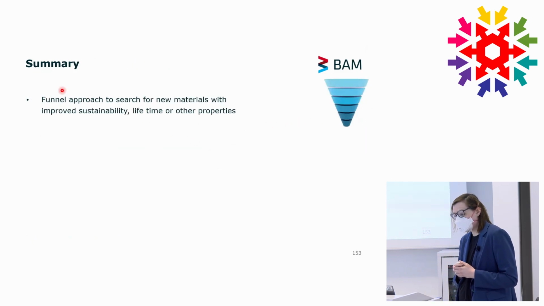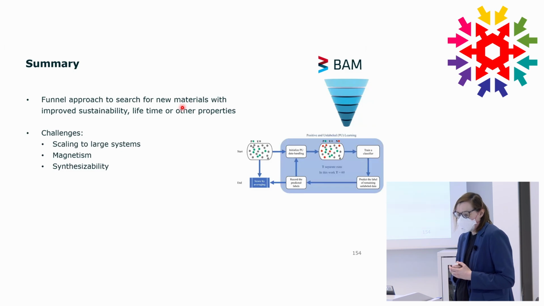So this funnel approach to search for new materials can be successful, but still has several drawbacks. One problem is that we very often need to scale to large systems, include defects and amorphous structures, that we might go beyond simple DFT approaches and also include magnetism into these predictions, and that we don't really have a solution yet for synthesizability.